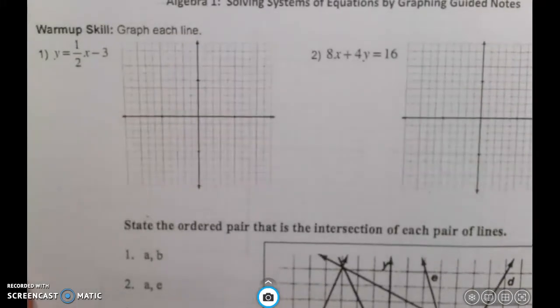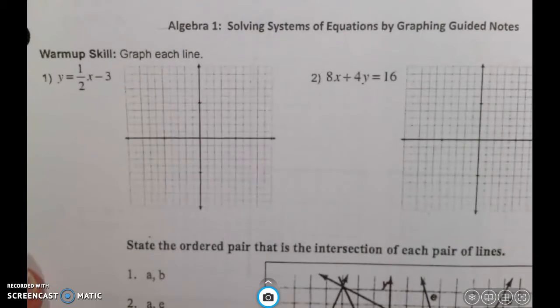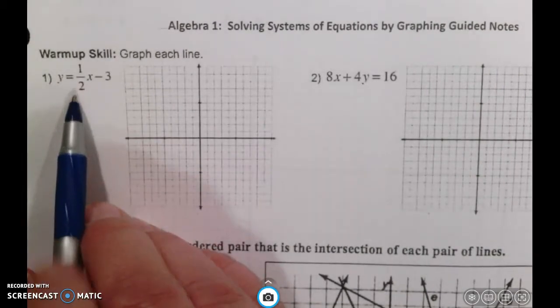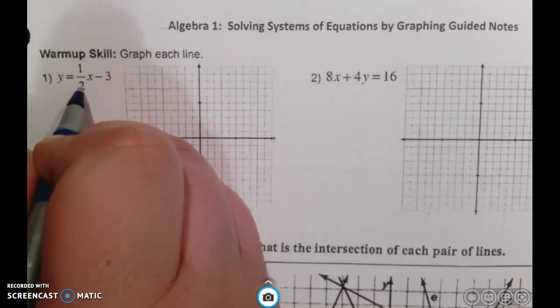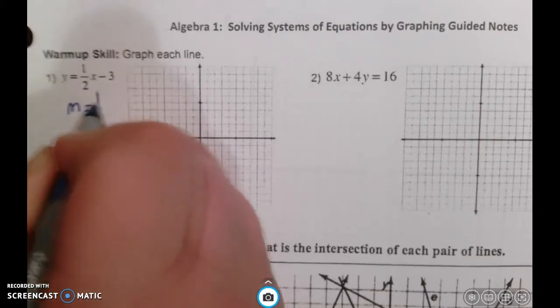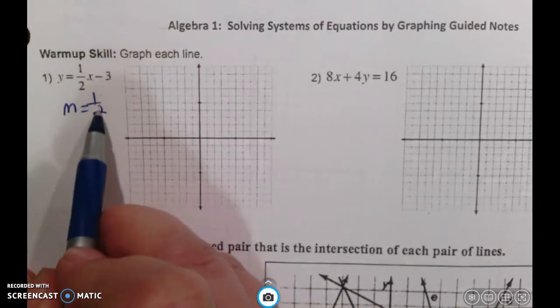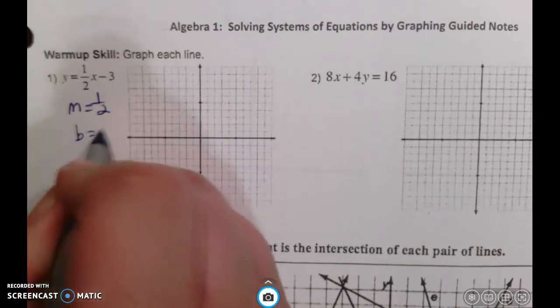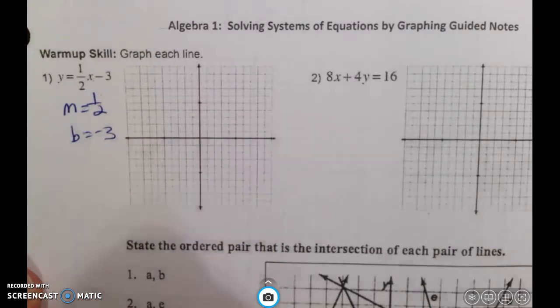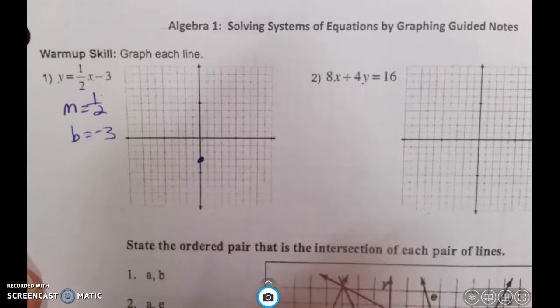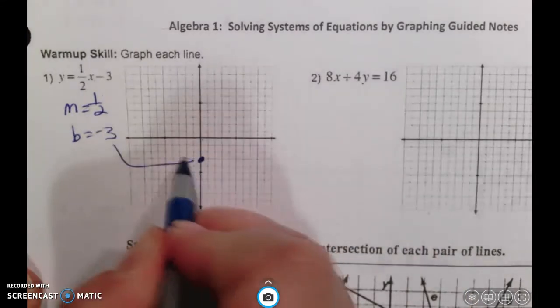Just a little practice with graphing at the top of page 3. When we're graphing from slope-intercept form, the best thing to do is identify the slope. In this case it is 1/2. It's the coefficient of the x, so that's your rise over run. And your y-intercept is -3. The first step is to start at the y-intercept, go down to -3, and put that point there.